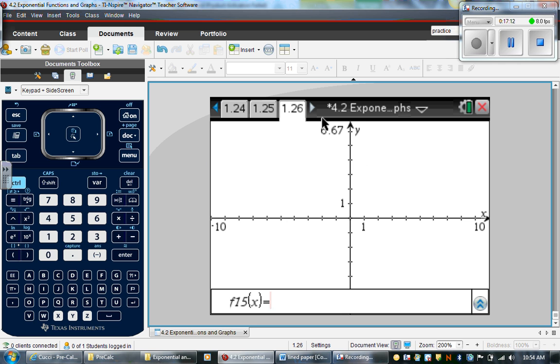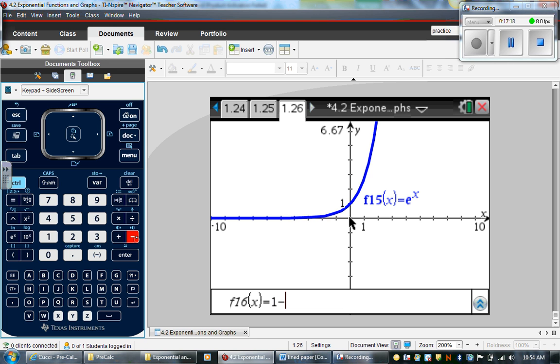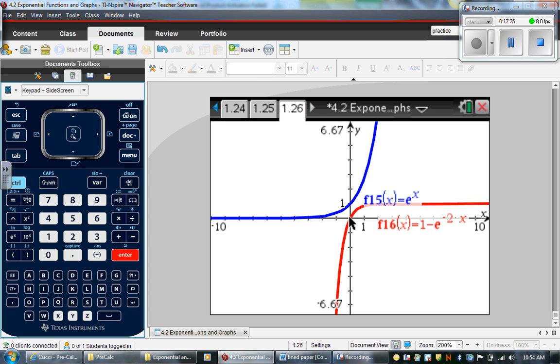So again, e to the x is our parent function. And then we had 1 minus e to the negative 2x. Okay, so we did have a reflection over the y-axis from that negative.